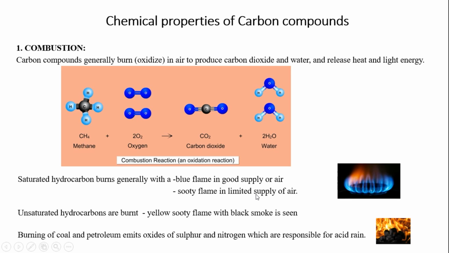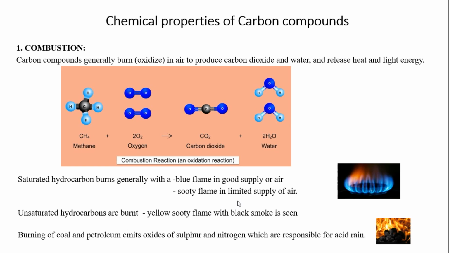Sooty means generally you will see blackish smoke. This is vastly seen in the case of unsaturated hydrocarbons. So in unsaturated hydrocarbons, you will see a yellow flame with black smoke. So it results in a sooty deposit on the metal plates at the bottom of cooking vessels.